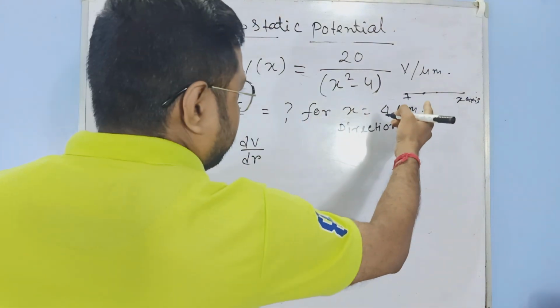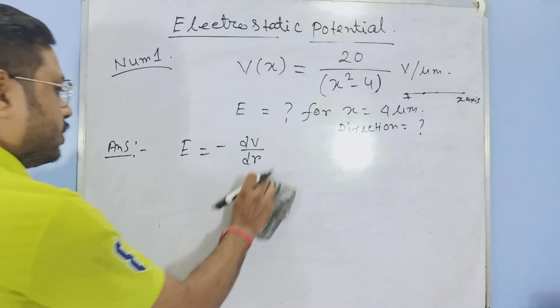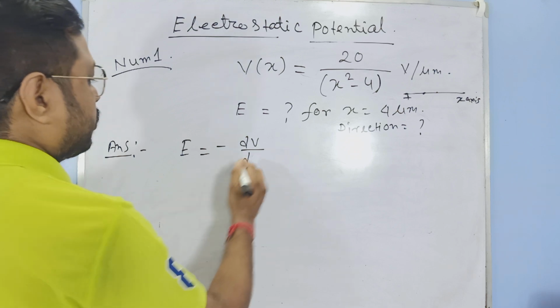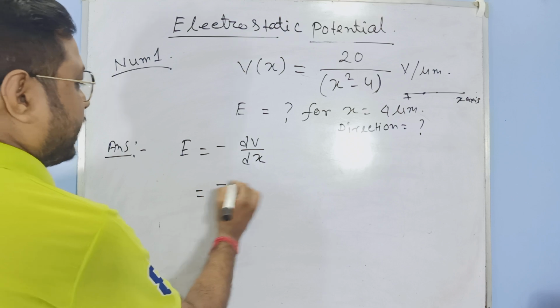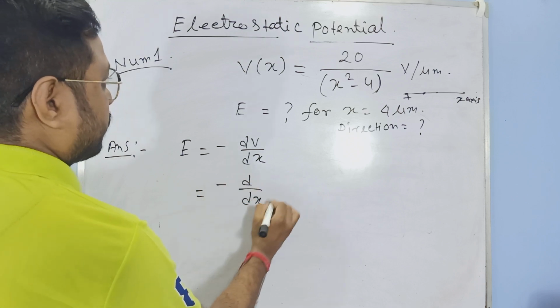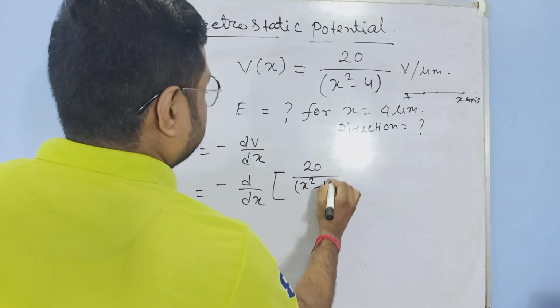Here only the x-axis is considered, so the y and z components are 0. So we can say E equal to minus dV/dx. So minus d/dx of V, that is 20 by x square minus 4.